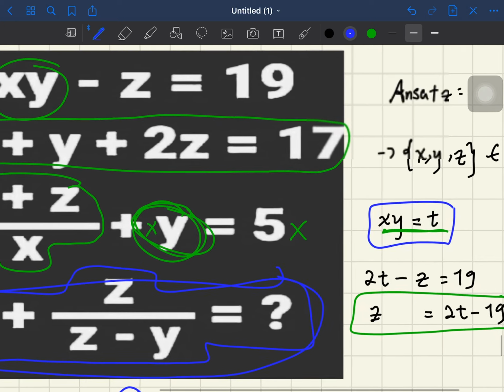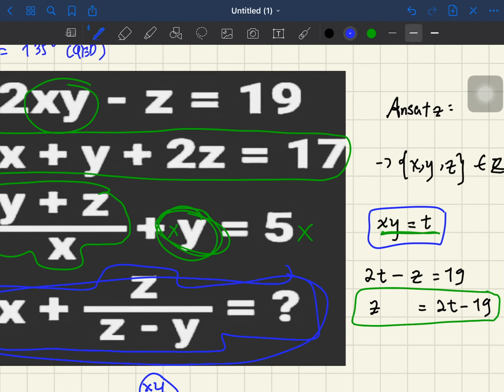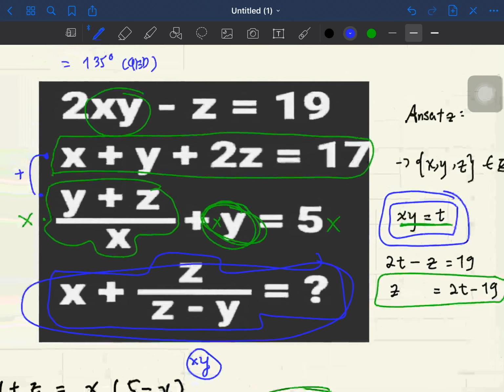And then recall that the parameterized equation just involves single variables. It's a combination of single variables, and then you utilize them, and you are able to solve for t, and then you are able to find the values for x, y, and z, and then you can get the fourth equation.